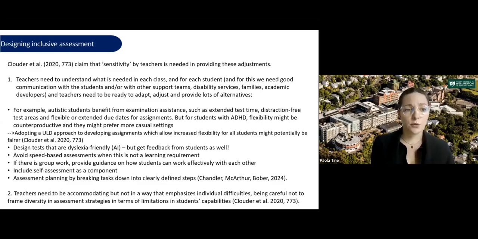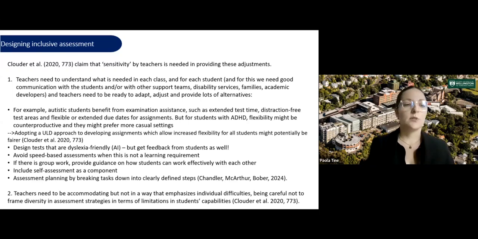Then, of course, teachers should make sure to design tests that are dyslexia friendly, and some new research suggests that AI can help with that. But of course, we also should constantly get feedback from students to see how the test works and if they actually had problems and difficulties with them. Teachers should avoid speed-based assessments unless this is a learning requirement, and in some subjects that might be a requirement, but otherwise it should be avoided.